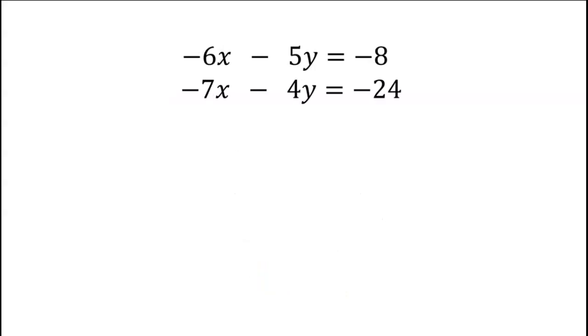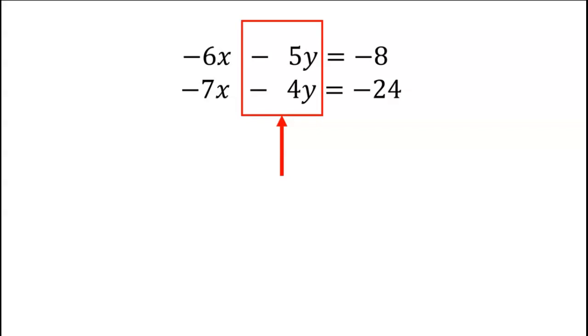The final case that we could have is, again, we notice our middle column is not the same. However, this time, both of them have a number. Neither one of them is just 1, so I can't just multiply by the opposite and get rid of it. So I need to do something to both equations.